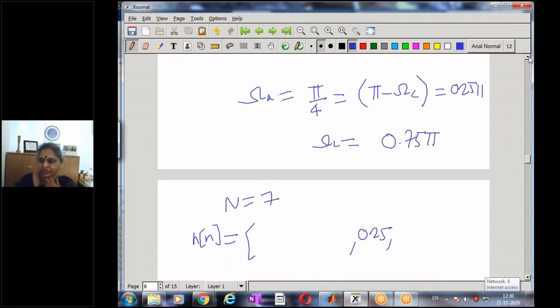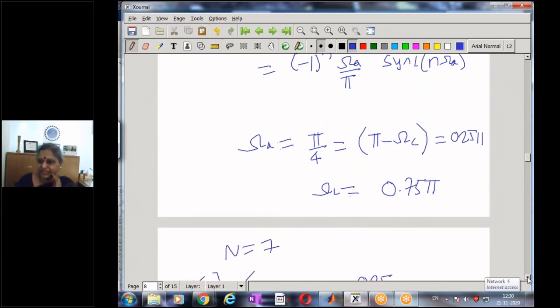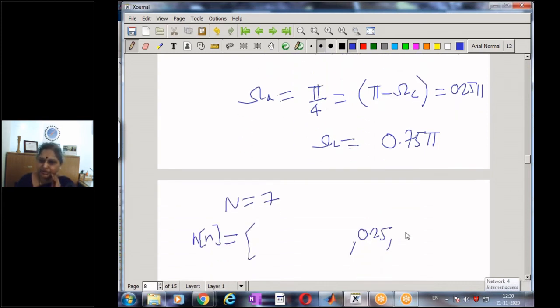And then put n equal to 1. Omega a is 0.25 pi, and then sinc n omega a by pi, and then I compute it. We know this is going to give me 0.22 because we have retained the same values. But I have a minus 1 to the power of 1, so it becomes minus 0.22.